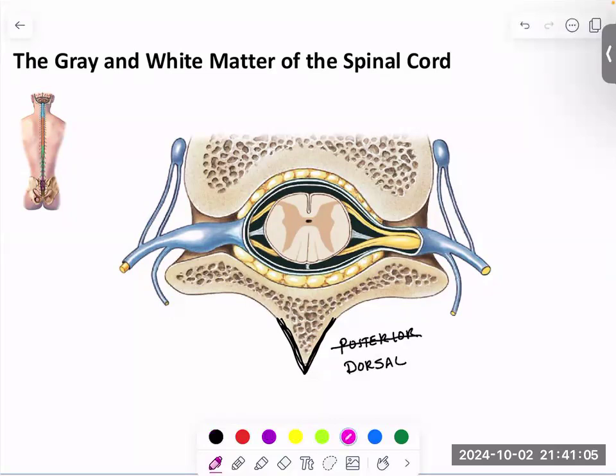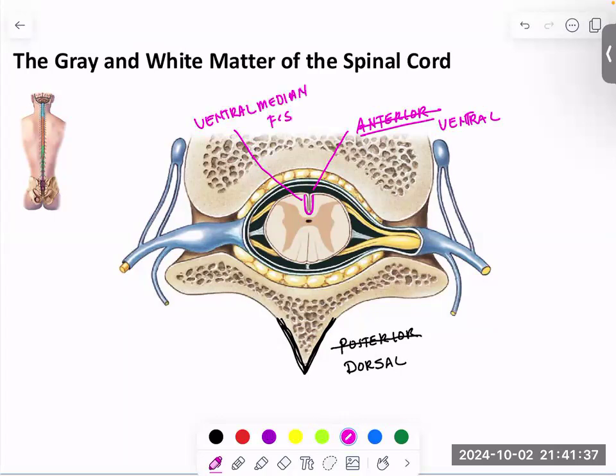That means this side, and the way you're going to tell is this fissure. This is a fissure. On the anterior side, there is the fissure. We don't say anterior, we say ventral. That fissure is literally called the ventral median fissure.